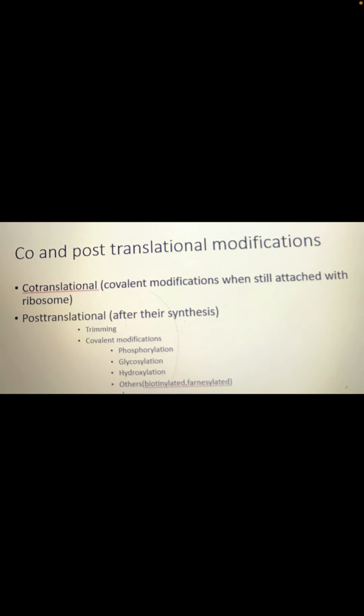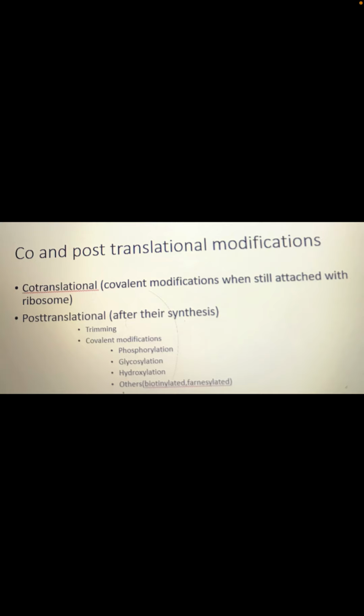And these co-translational modifications give a clue, or give the destination, to that protein to move to that particular point. And after the polypeptide chain becomes detached from the ribosome and transfer RNA, the post-translational modification occurs on them. These post-translational modifications could be trimming or covalent modifications.